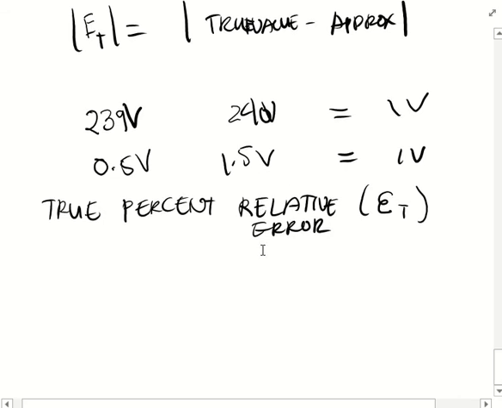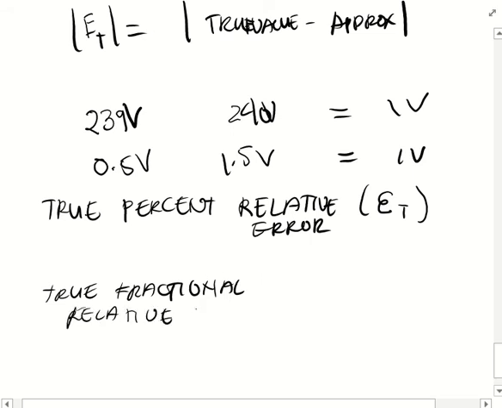So what's the difference? This one is a true percent. There's also a true fractional relative error. And to solve this one, this is just equal to the true error divided by the true value.